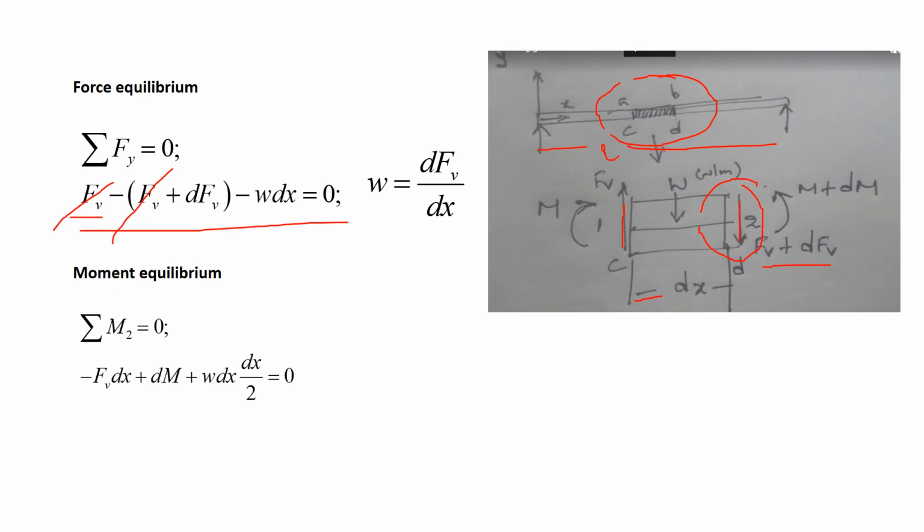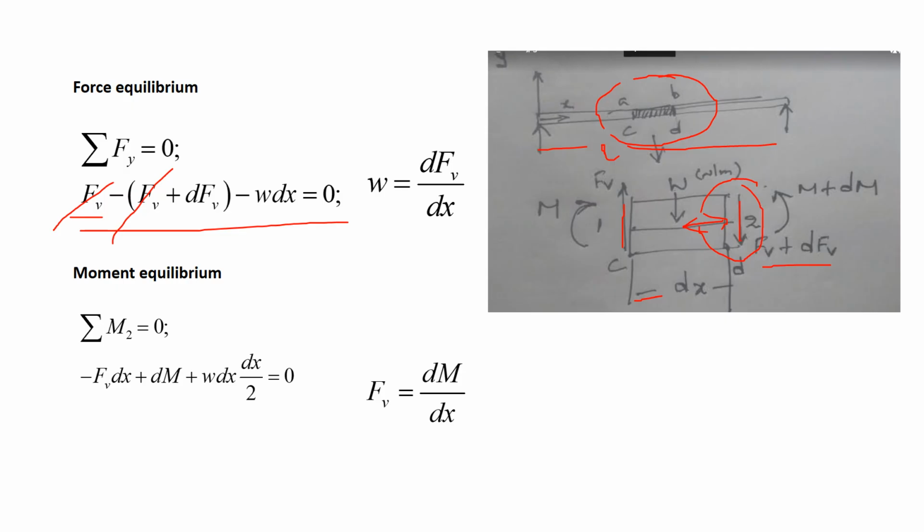So minus Fv into dx, the distance from here to here, minus dM because of the moment of this particular element, plus w into dx by 2, because the shear force is w into dx and the distance to the center point is dx by 2. So this is the moment equilibrium equation. From this moment equilibrium equation, we can say that the force in vertical direction is equal to dM by dx.